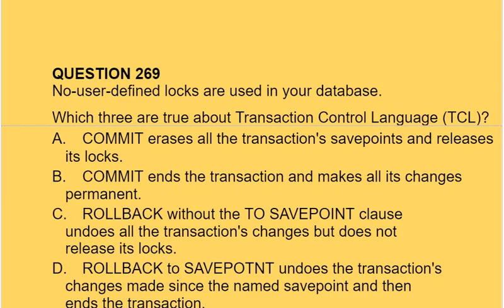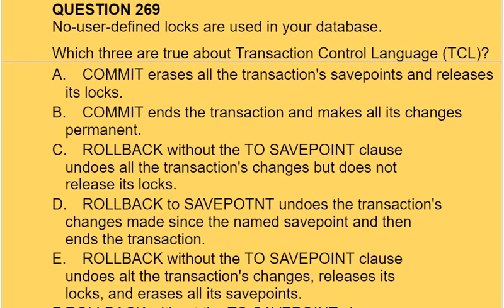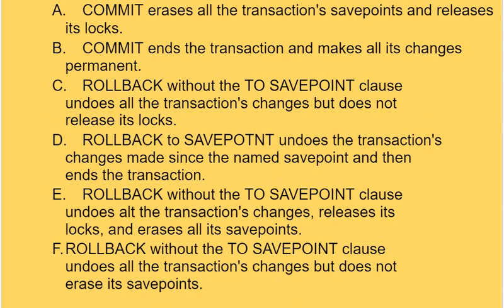Option C: ROLLBACK without the TO SAVEPOINT clause undoes all the transaction's changes but does not release its logs. Option D: ROLLBACK TO SAVEPOINT undoes the transaction's changes made since the named savepoint and ends the transaction.